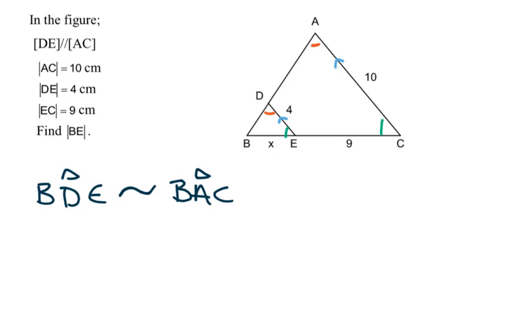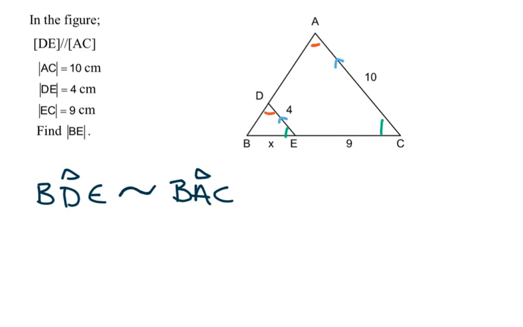We just use the little squiggle that's on top. So it turns out, even without the proportional line segments, that any two triangles that have the same angles, or congruent angles, are considered to be similar.